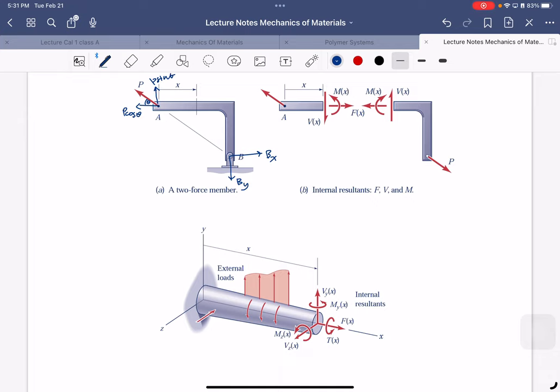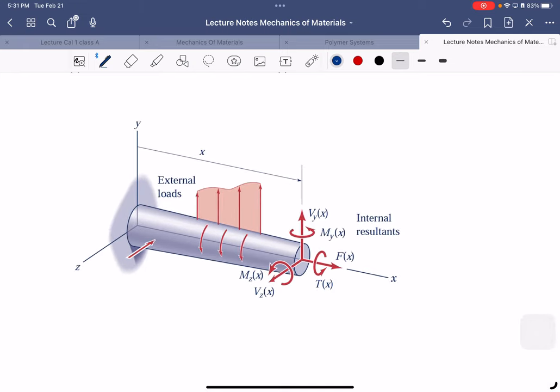Another thing in these three dimensions, this T, we call this torque or the torsion. We have one chapter related to torque later on.